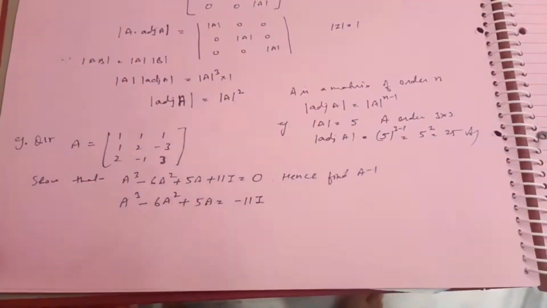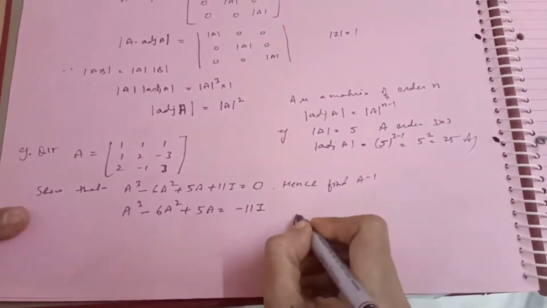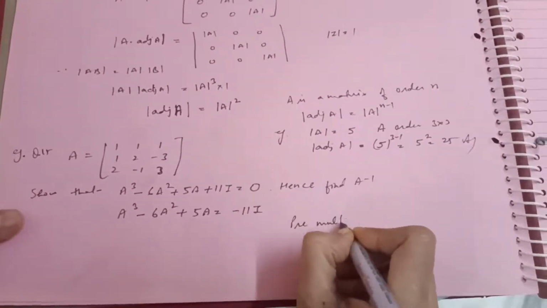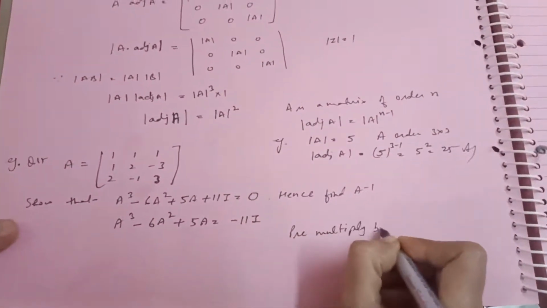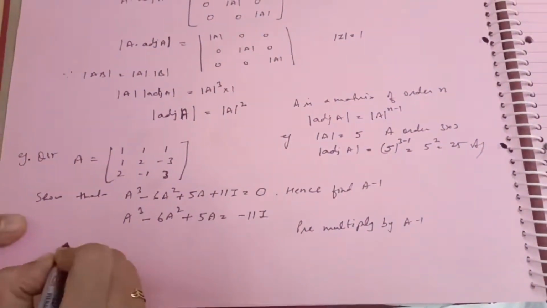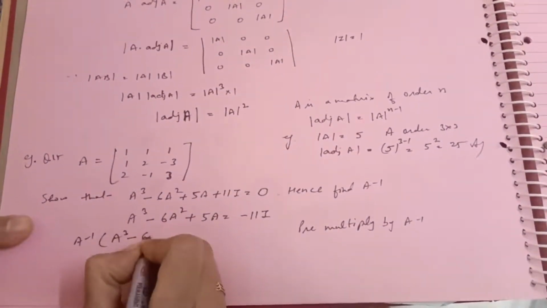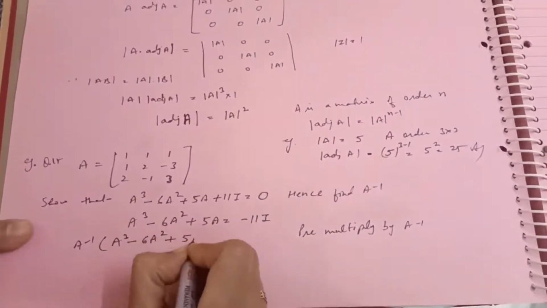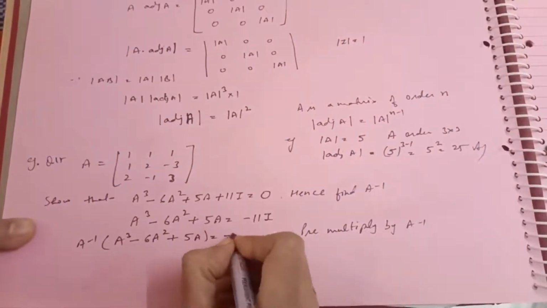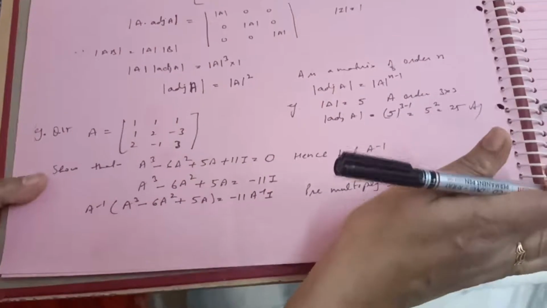Now I am going to pre-multiply by A inverse on both sides. First I multiply by A inverse, so it will be A inverse times A cube minus 6A square plus 5A is equal to minus 11 A inverse I, the scalar coming out.